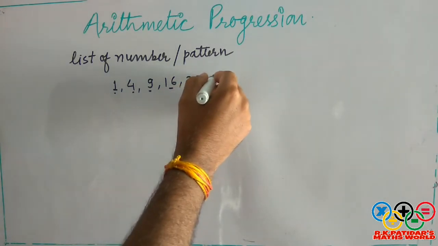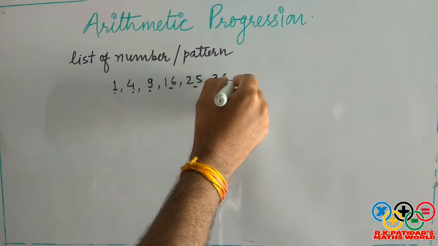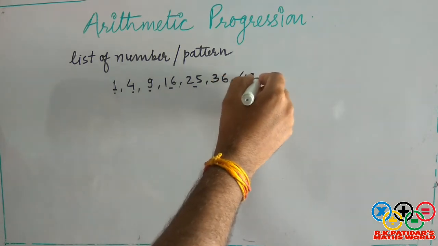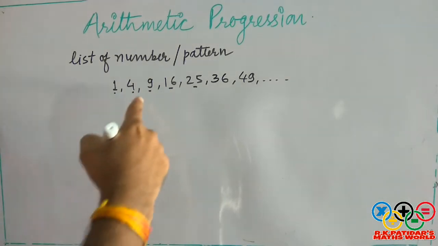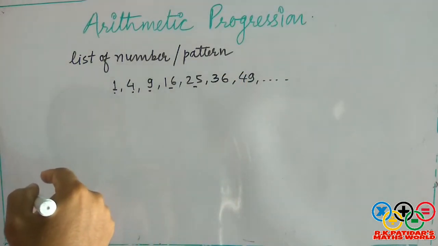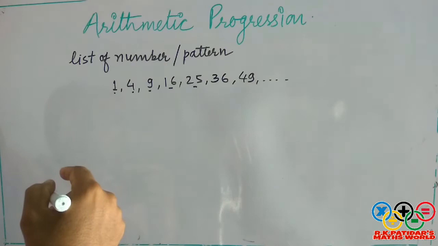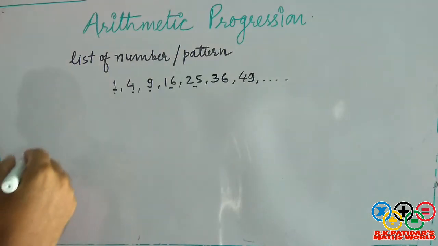So next will be the square of 6, and the next will be the square of 7, and so on. This means there is a particular rule to find the next term, or any term, of this pattern. This type of pattern is known as a series or sequence.